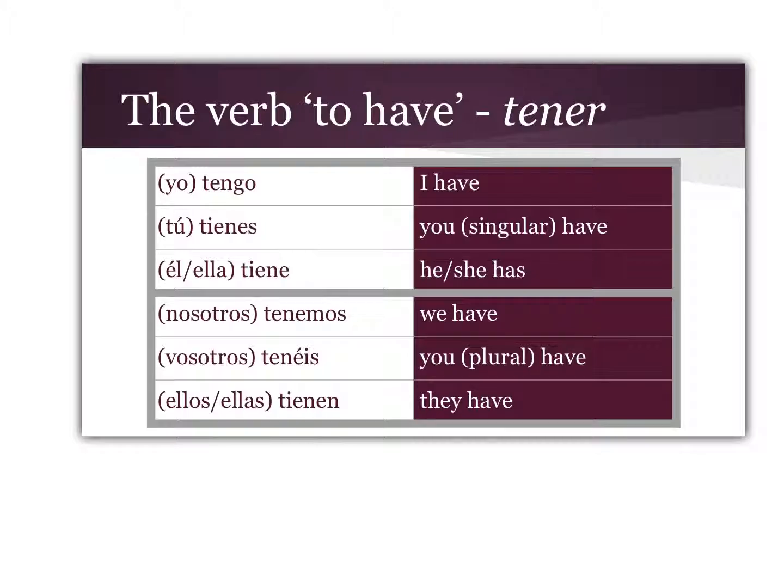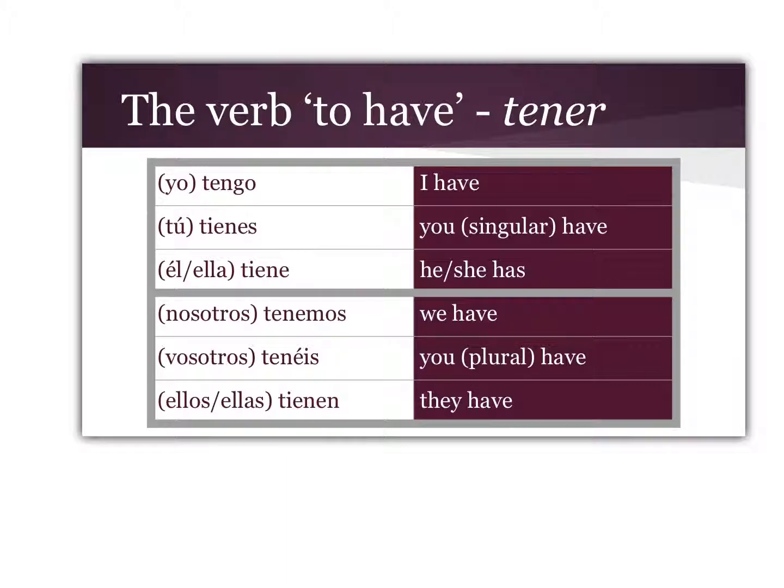The reason for that is because every single person of the verb in Spanish has a different ending. Unlike in English, where the forms have and have are used for 5 of the 6 different persons, Spanish has a different form for every single person of the verb.